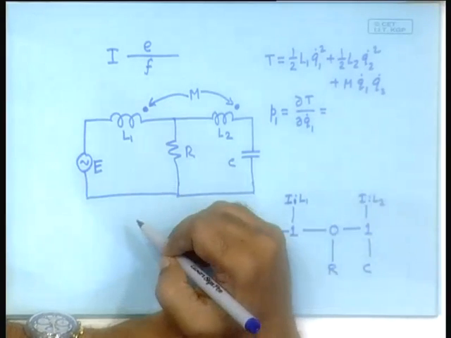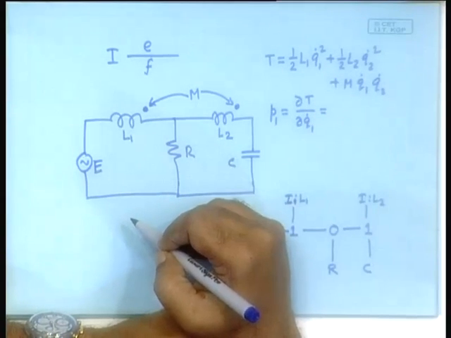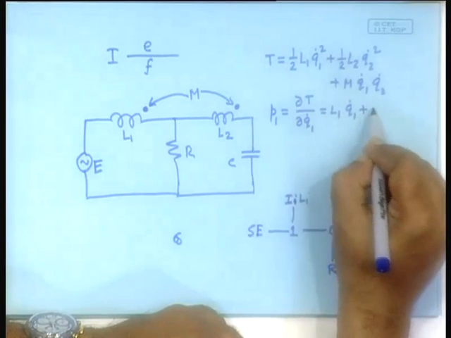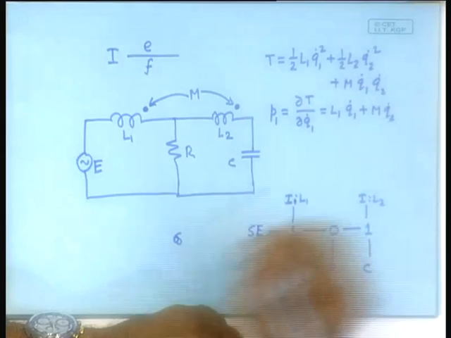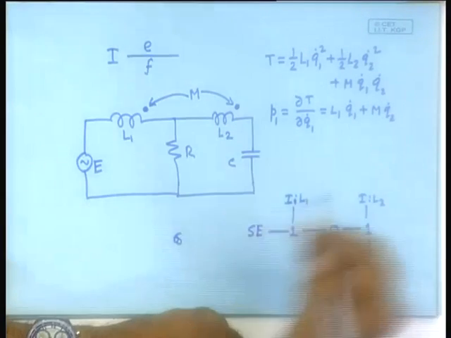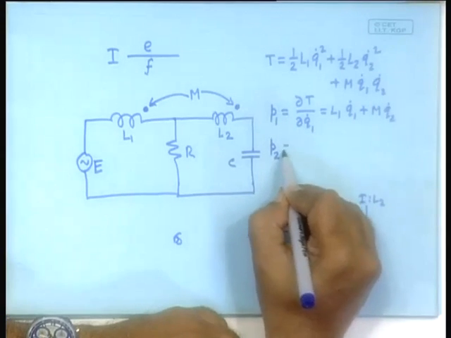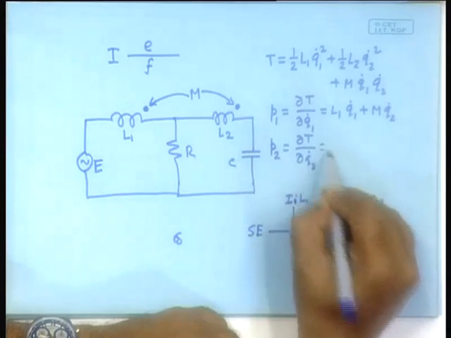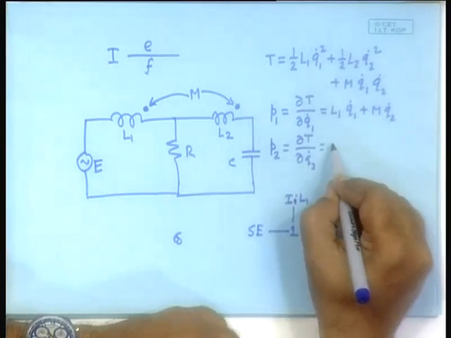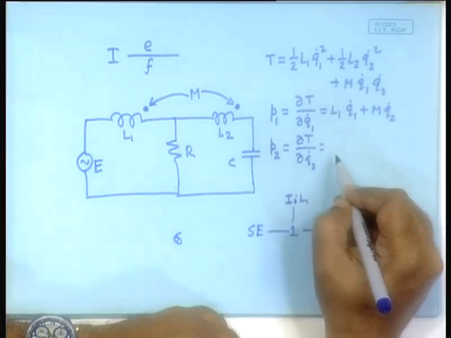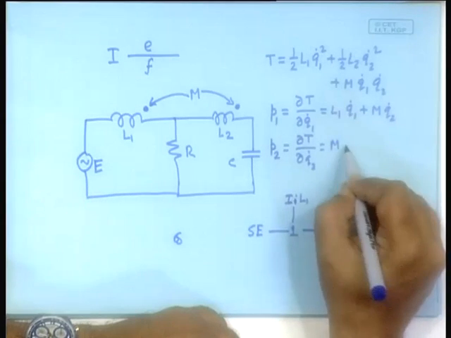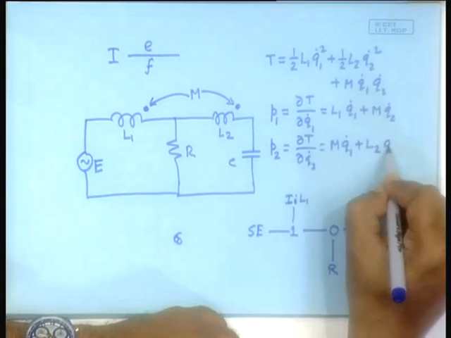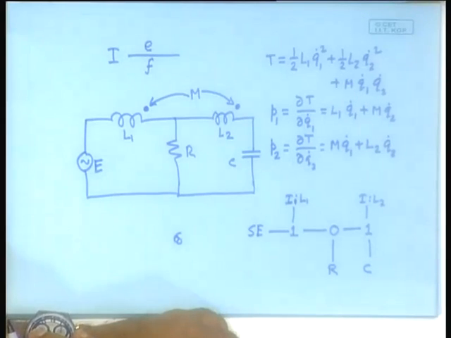This will come to be L1 Q1 dot plus M Q2 dot. Similarly, P2 will be M Q1 dot plus L2 Q2 dot.